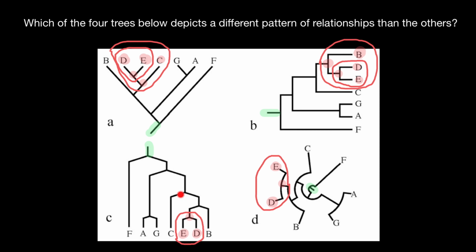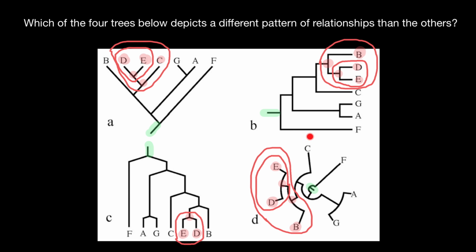We have to analyze also these two. For example, if we analyze diagram D, we see that this clade D and E also has a recent common ancestor with B. So let's put the recent common ancestor here, B here, and let's circle them into one clade.